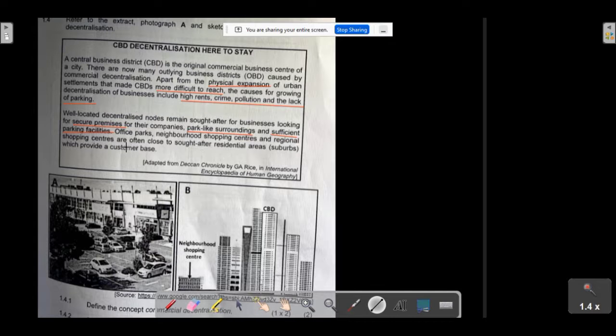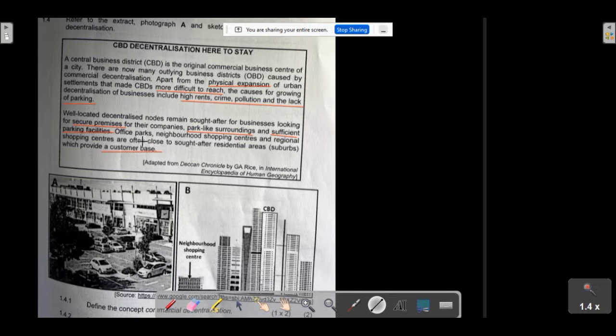It's just frustrating. Office parks, neighborhood shopping centers, and regional shopping centers are often close to sought after residential areas, which provide a customer base.